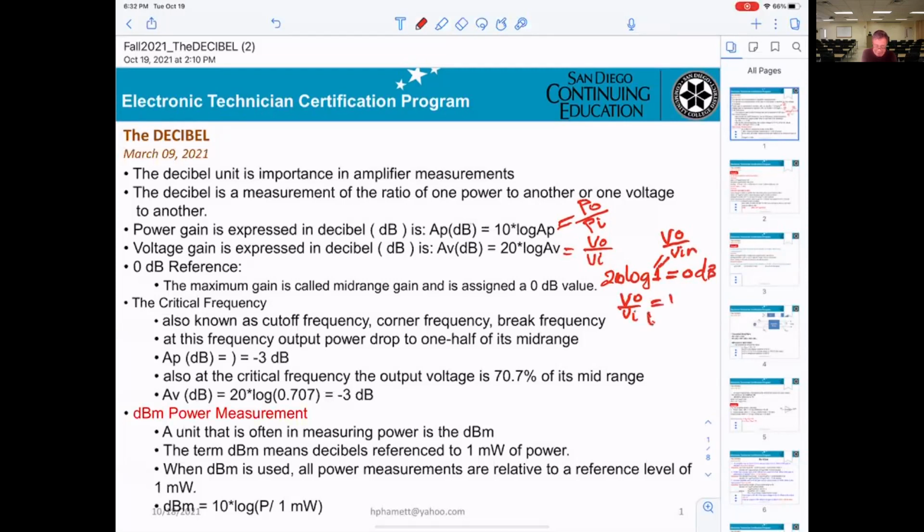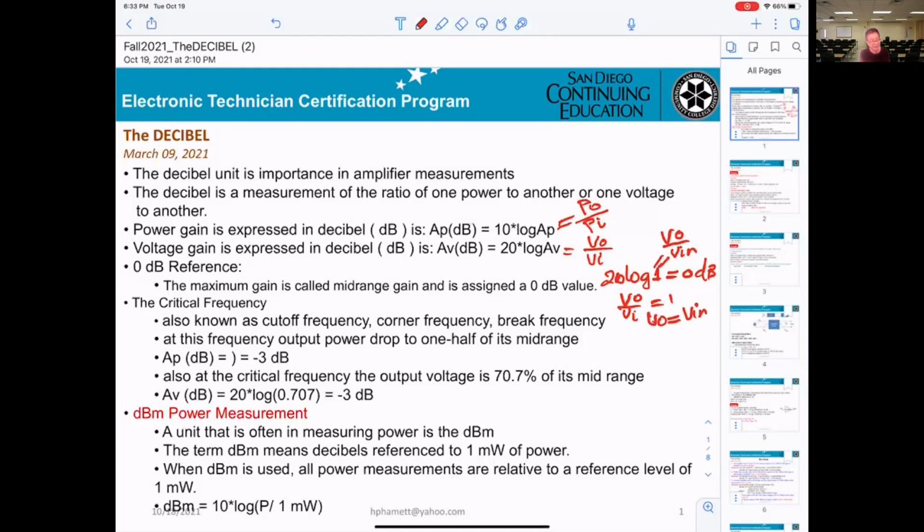They're telling you V out equals V in. So when you get 0 dB, they're telling you input and output will be the same. You apply 10 volts coming in, coming out will be 10 volts. That will be gain equal to 1.